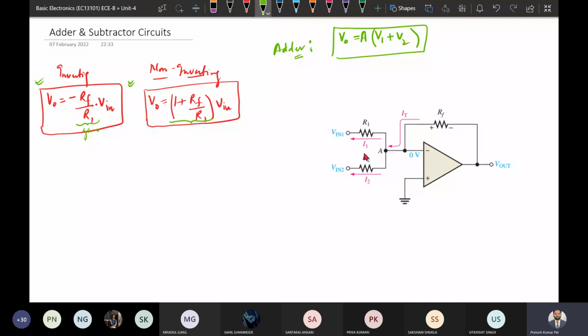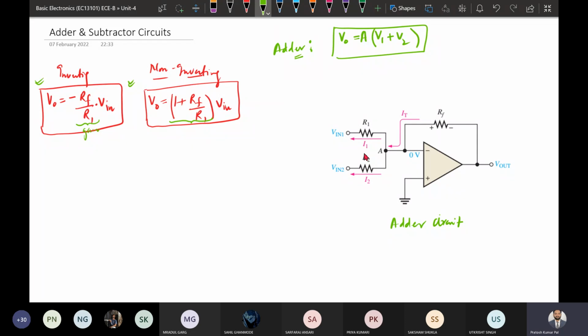One of the circuits for implementing the adder is this one. This is an adder circuit. You can see there is a feedback, and the feedback is always from the negative terminal. At the negative terminal itself we are connecting two different inputs, input 1 and input 2.